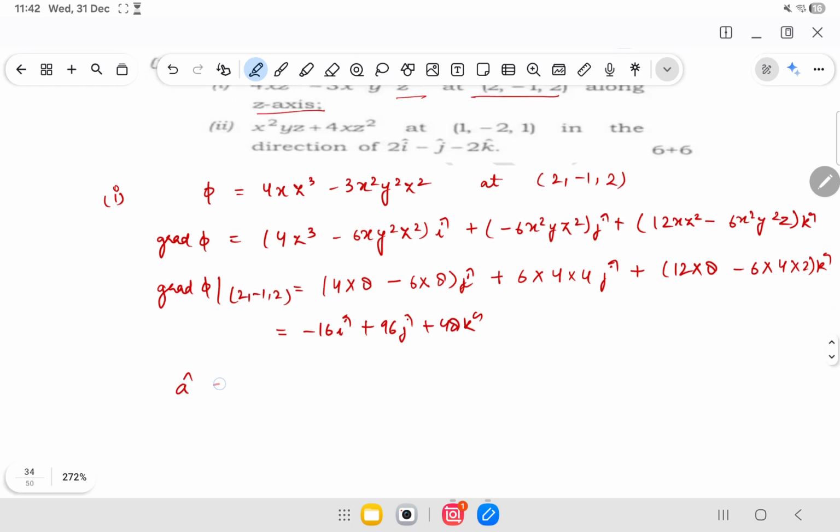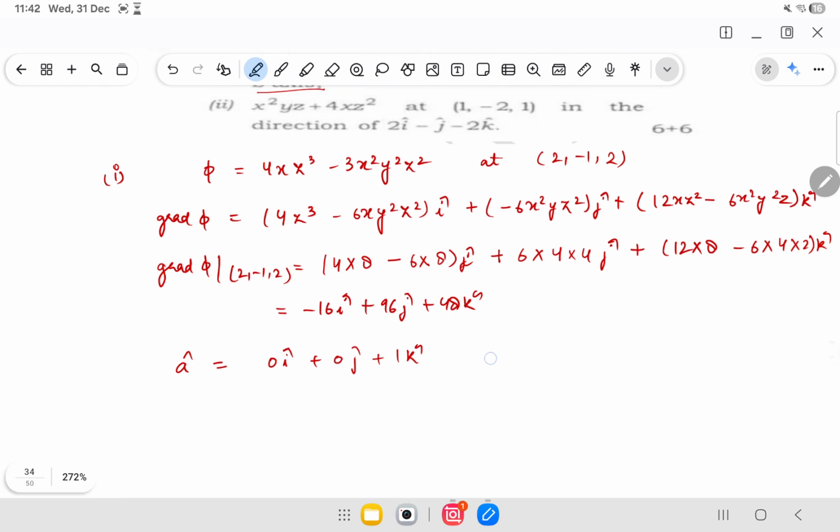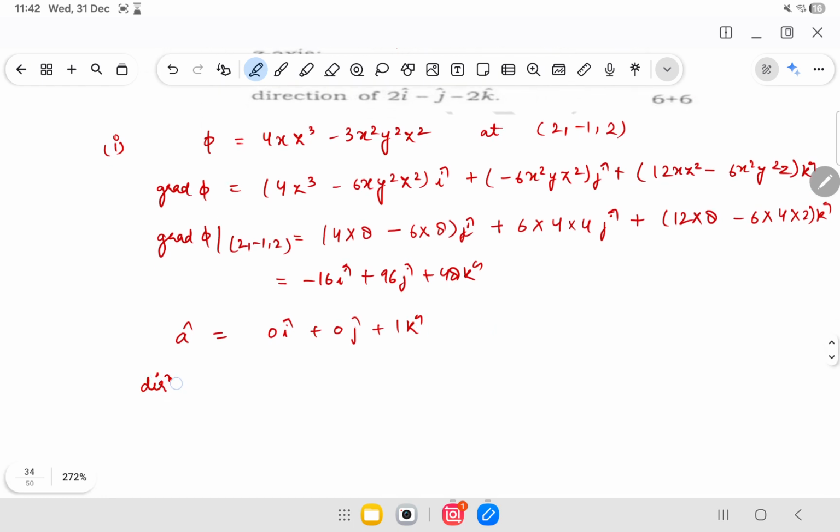So the z-axis vector is given by 0 I cap plus 0 j cap plus 1 k cap. So the directional derivative will be equal to grad phi dot a cap, which is basically 48.